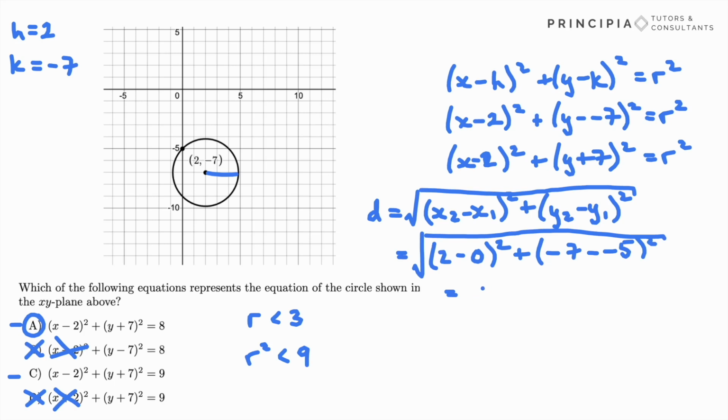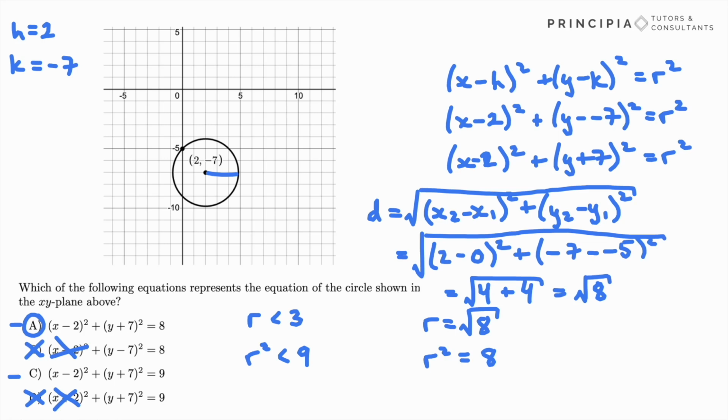So 2 minus 0 is 2, and 2 squared is 4. And -7 minus -5 is -7 plus 5, which is -2, and that squared would also be 4. Which means that the distance is square root of 8, which means that r is square root of 8, which implies that r squared is 8, which makes sense. A would be the answer.